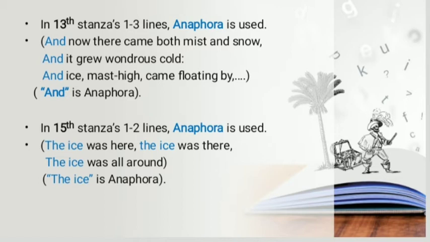Here, "and" is anaphora. Number 3rd, in the 15th stanza, first and second line, anaphora is used: the ice was here, the ice was there, the ice was all around. So in this stanza, "the ice" is anaphora.